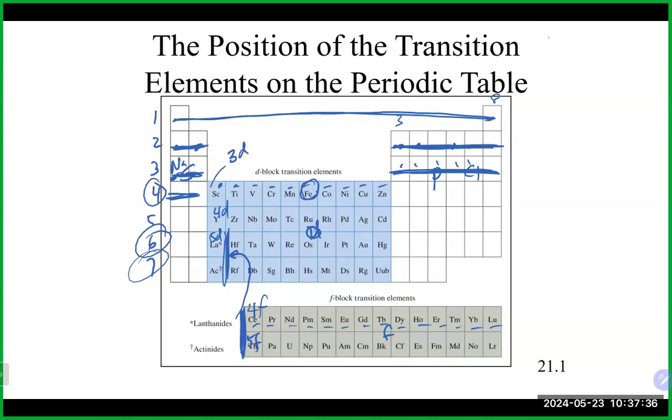If you remember, S orbitals could hold 2 maximum electrons, right? P subshell is 6, our D subshell is 10, our F subshell is 14. Perhaps you learned this little zigzag guy, 1s, 2p, 3d, 4f, and you just kind of put the numbers underneath it.